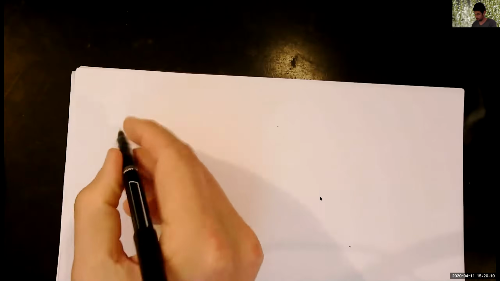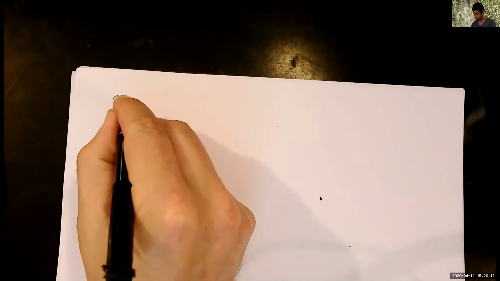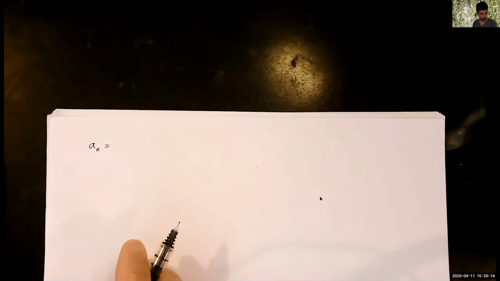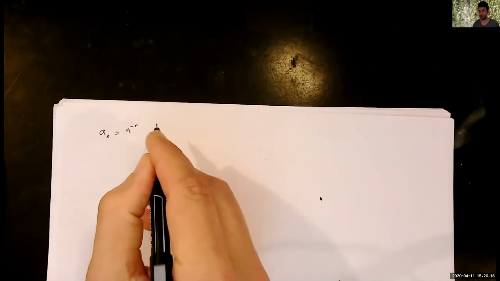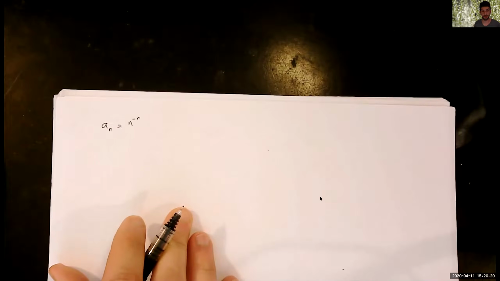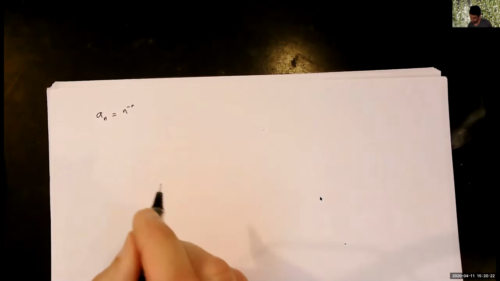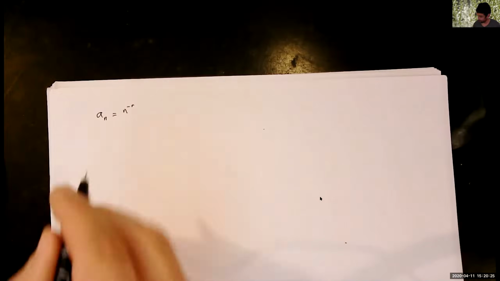Okay, so I have a few examples we're going to take a look at. Let's look at the sequence a sub n is equal to n to the negative r, where r is some constant. Okay. So our typical route is going to be, say, something like this.